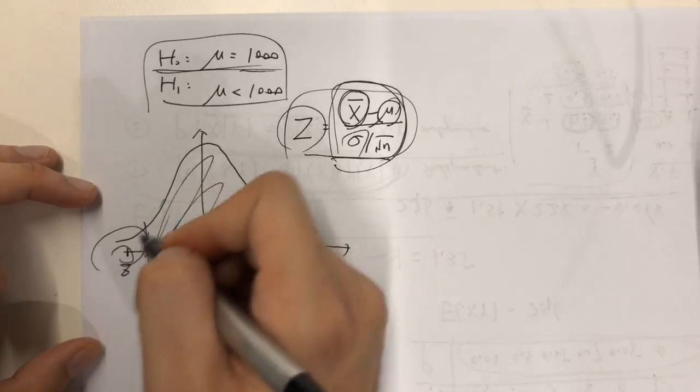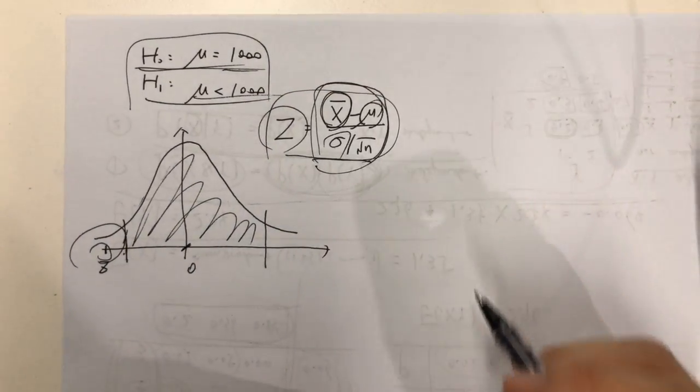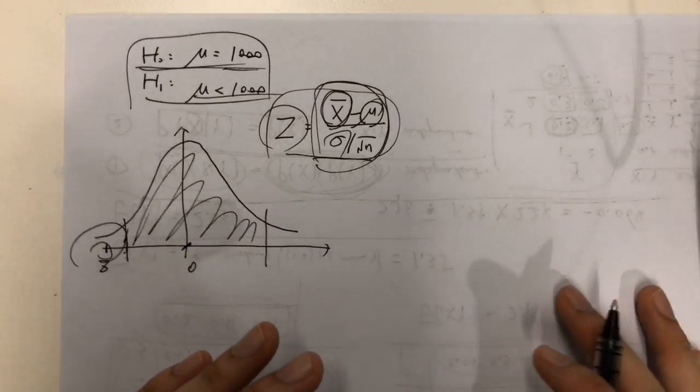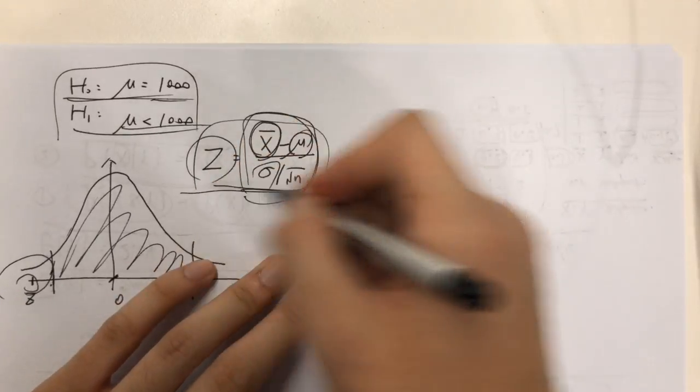So we call this region the rejection region.